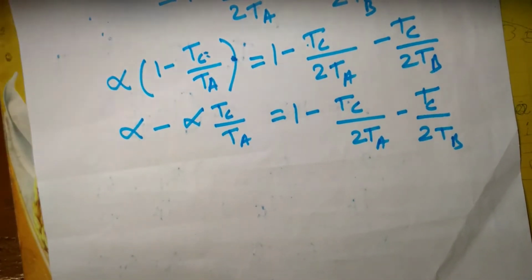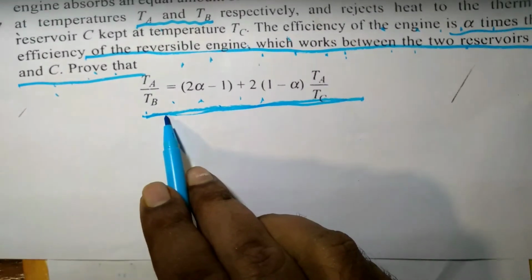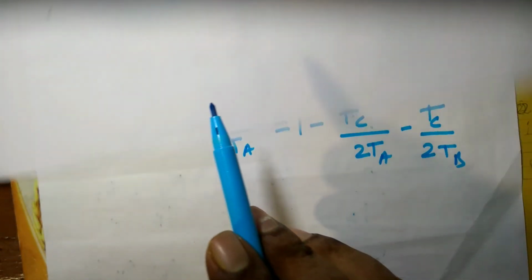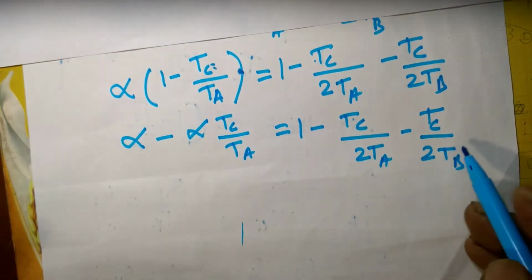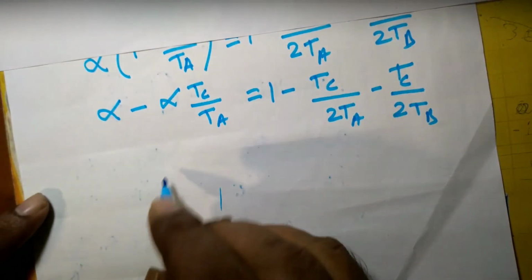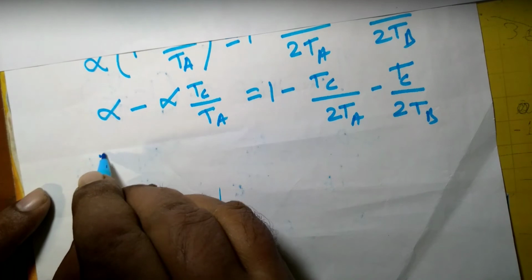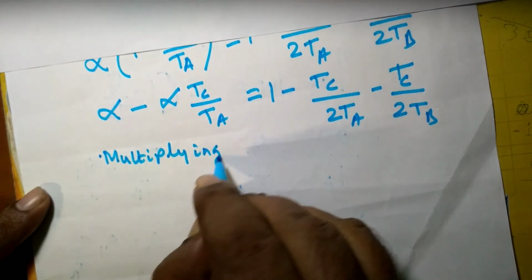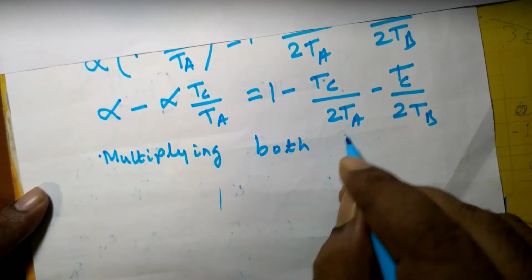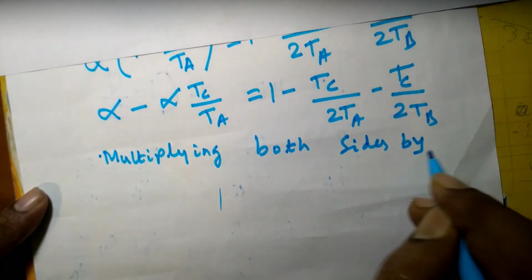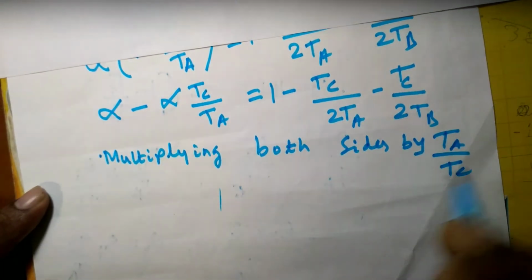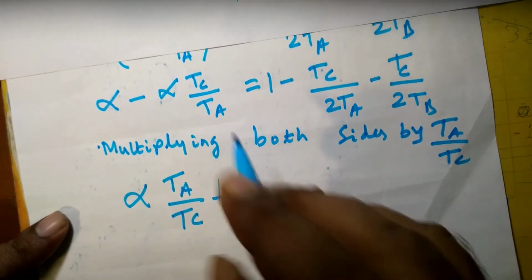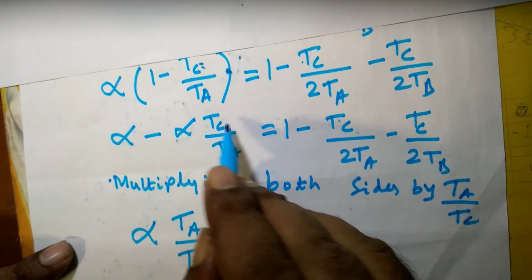So you see, the expression that is to be proved has TA by TB and TA by TC. TA by TB has to be brought. So how can I bring in TA by TB in this expression? Only by multiplying both sides by TA upon TC. I get alpha TA upon TC minus alpha, because TC by TA on being multiplied with TA by TC is 1.